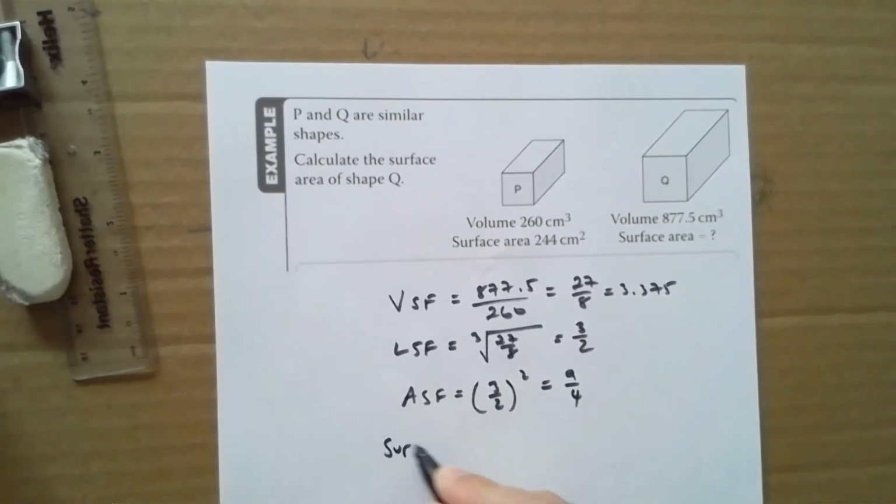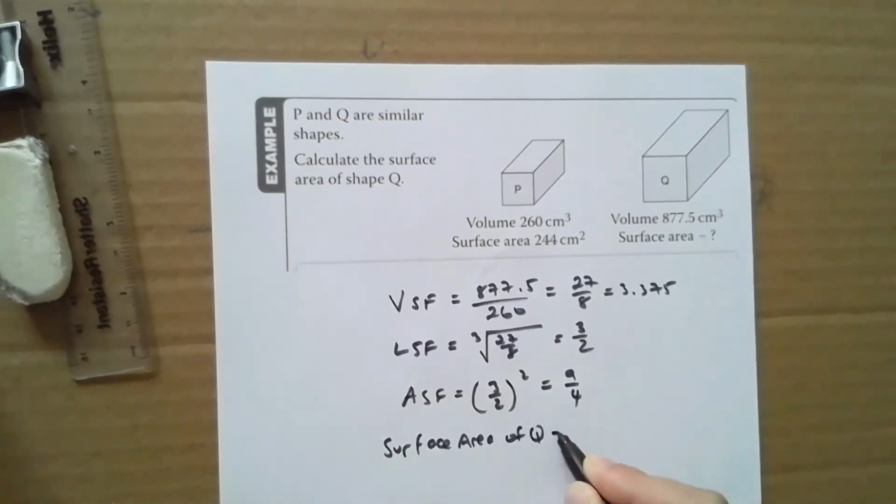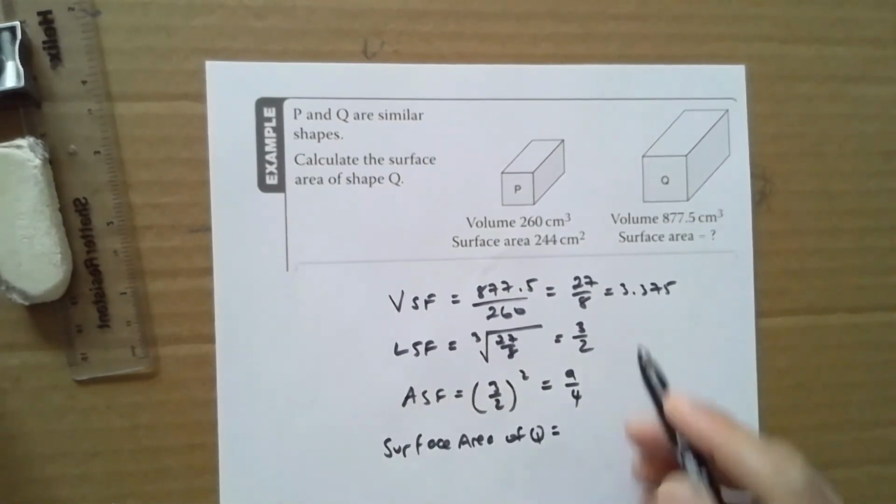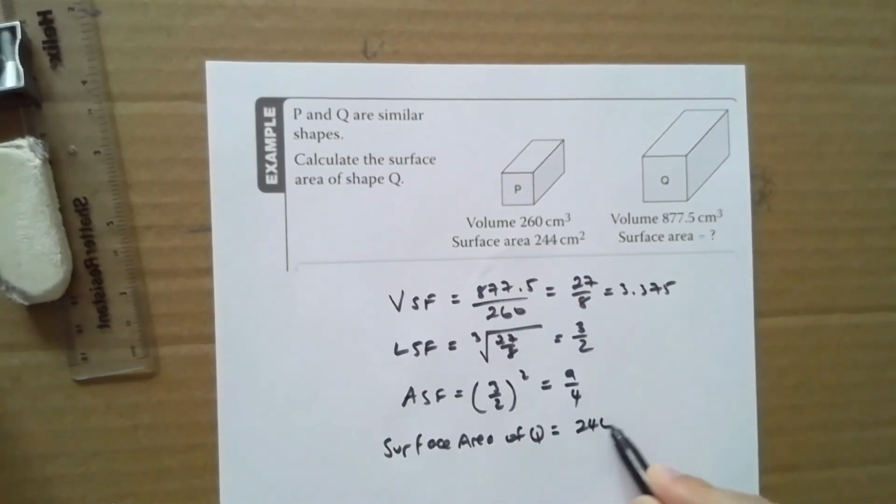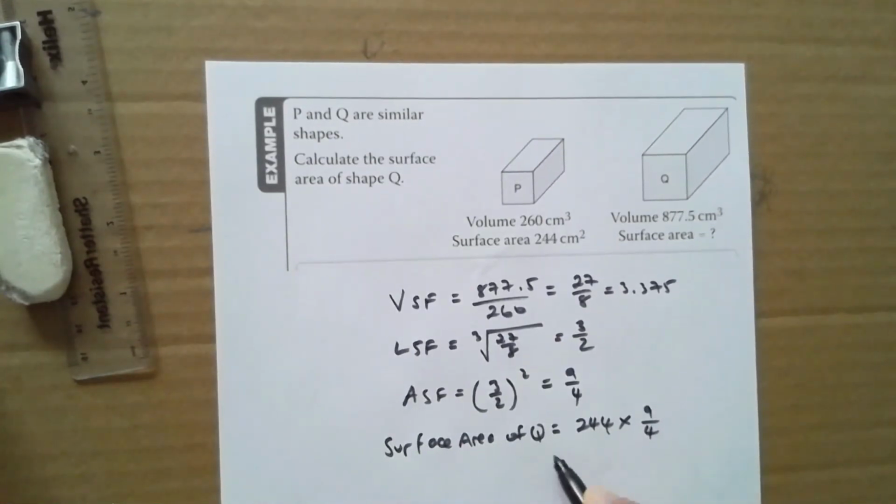So to find the surface area of Q, we're going to do the surface area of P, which is given to us, multiplied by the area scale factor, which is 549 square centimeters.